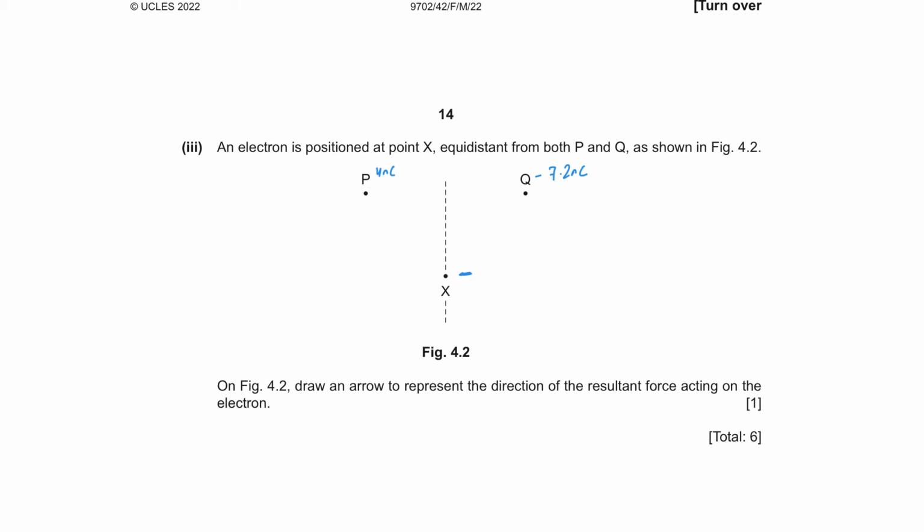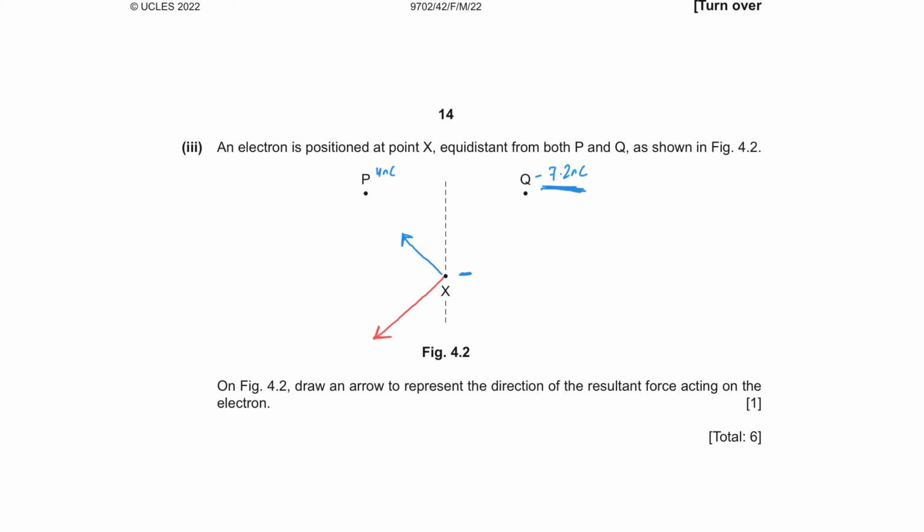Now this minus 7.2 nanocoulomb would repel it and would apply a force in this direction. The 4 nanocoulomb charge would attract it and it would apply a force in this direction. So the resultant force would lie somewhere in between.